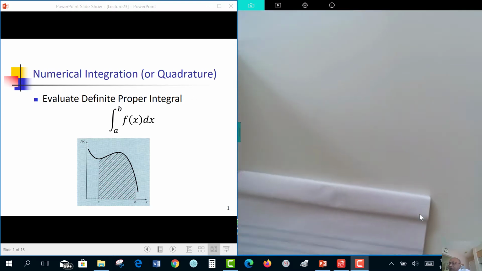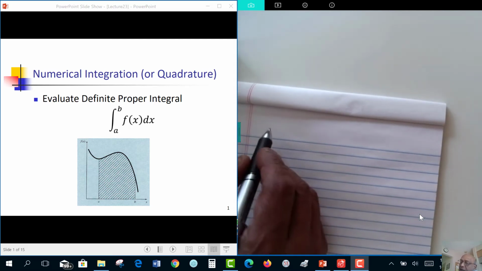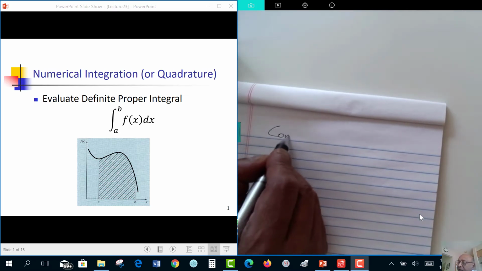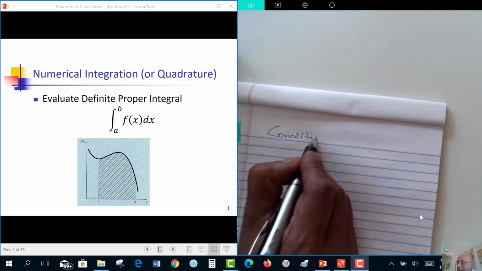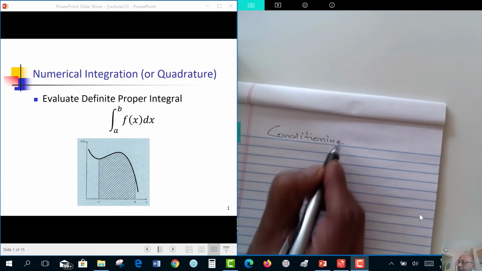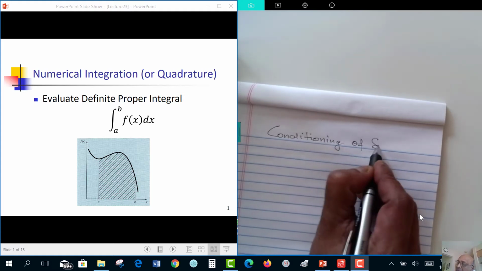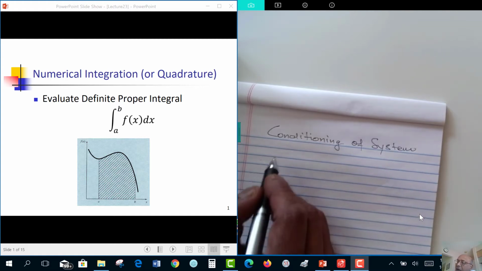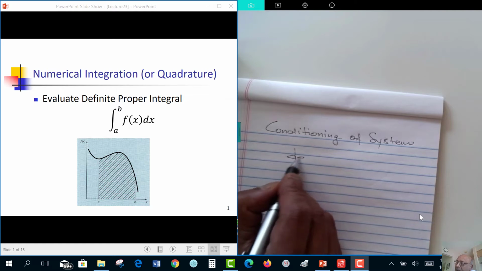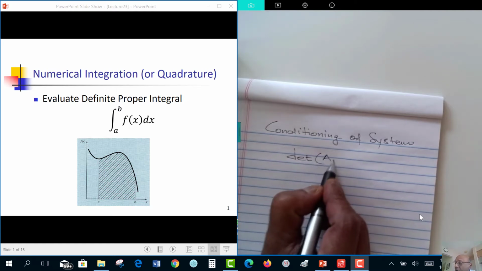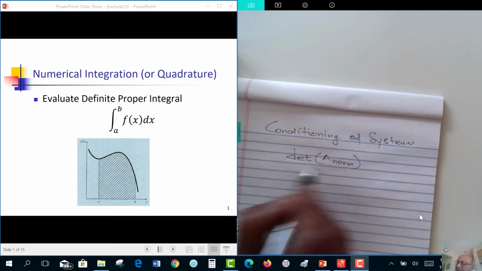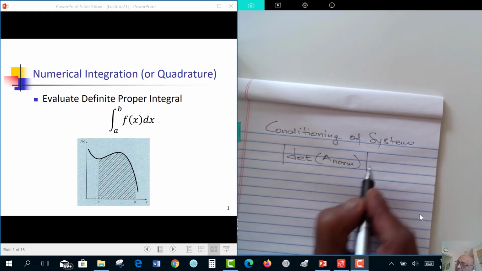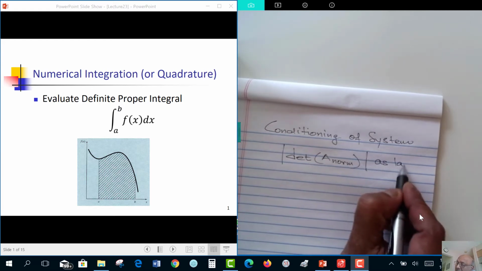So here you learned basically that conditioning of the system is very important. You wanted the determinant of the normalized matrix, its magnitude, to be as large as possible.